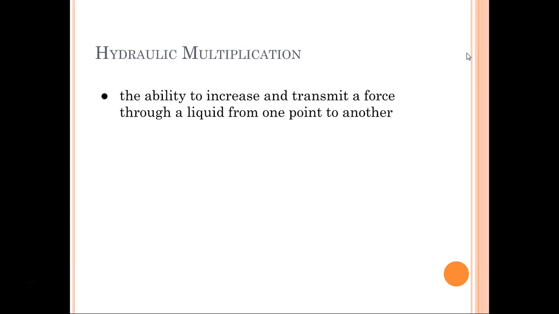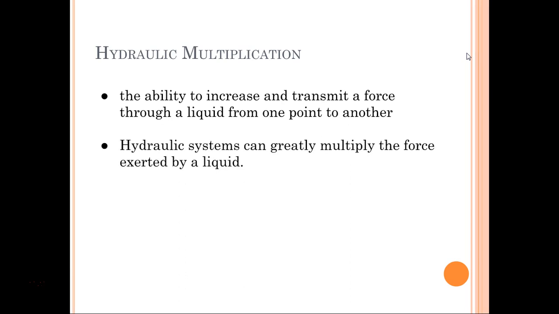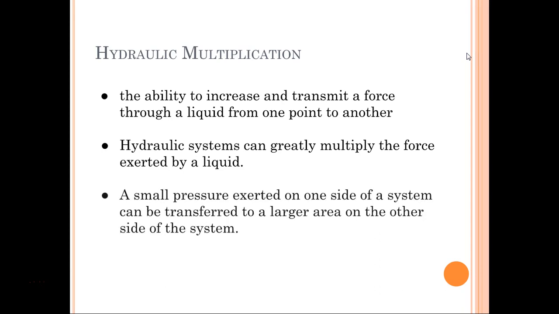So to increase or multiply the force that's transmitted. So basically you have a small force in one area and it exerts a really large one at the other area. So they can greatly multiply the force exerted by a liquid. Small pressure on one side of the system is transferred to a larger pressure on the other side.